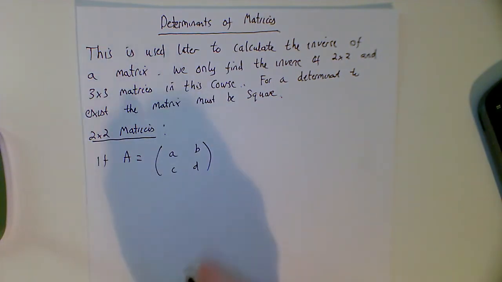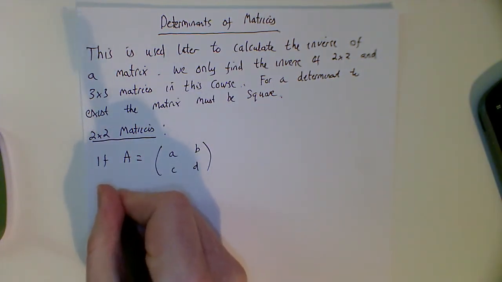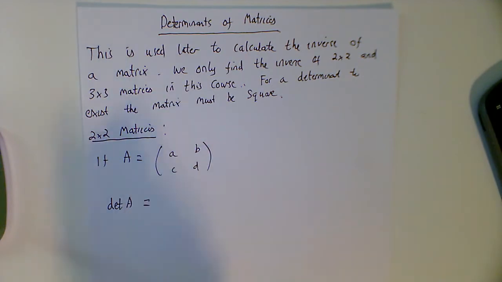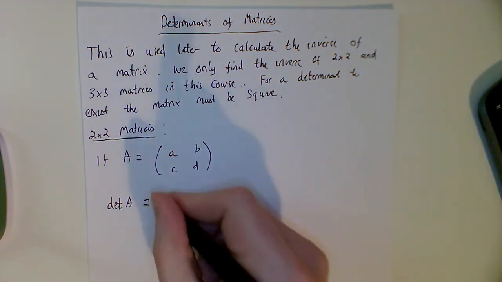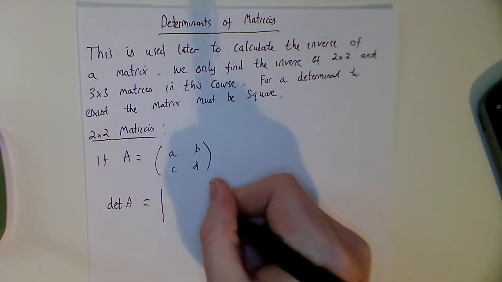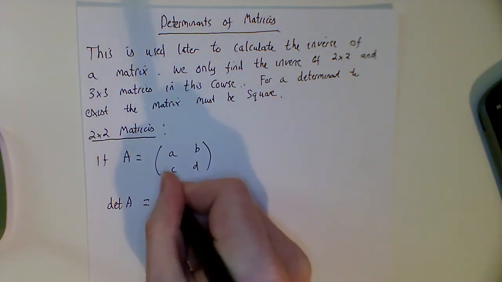So, to find the determinant of A, we call it det A. And when you're finding the determinant, the curly brackets become square brackets, like that.